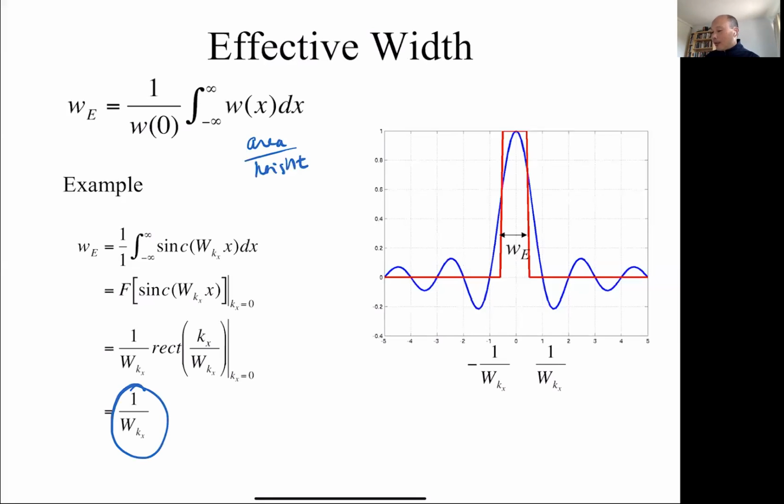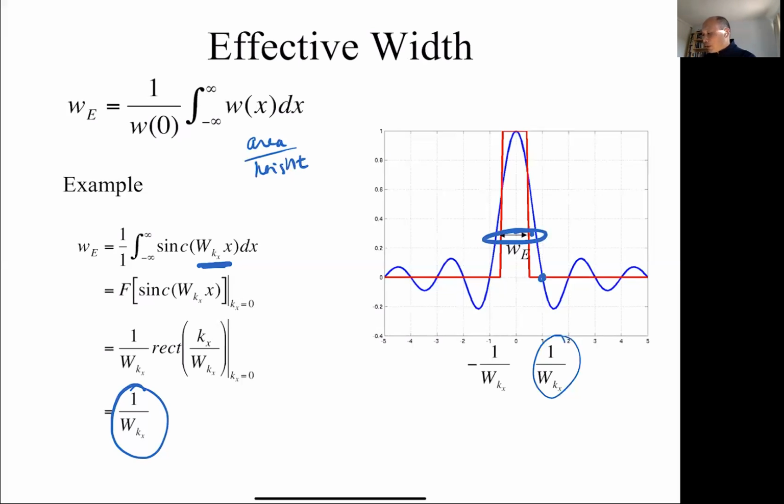So if I have a sinc function of this form, sinc WKX x, it has its first 0 at 1 over WKX. All right. And so the effective width of that sinc function is essentially just that. That distance there is also 1 over WKX.